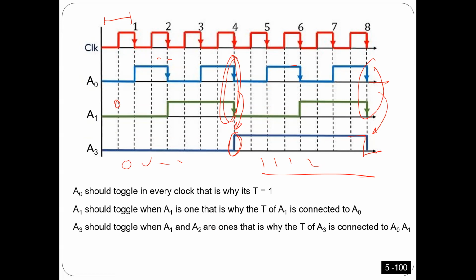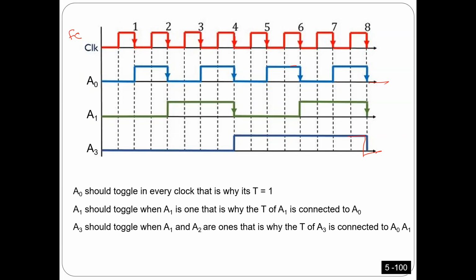Anyway, in other words, you can have another observation here. If you look at the frequency here, can you get some information about the frequency? If clock, what is the frequency here? It is clock divided by 2. Is that okay? Because the time here is double. One cycle here is equivalent to 2 cycles here.